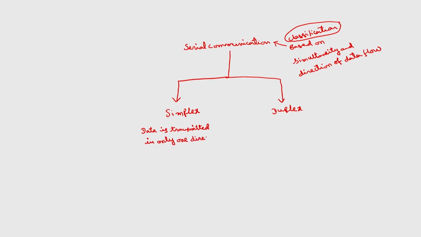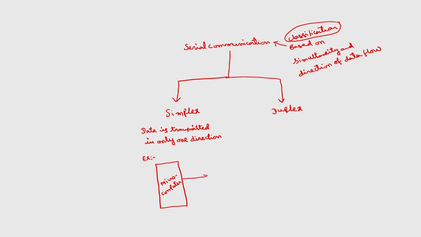So, what is an example of the simplex type of data transfer? The example is from a microcomputer to a printer. All the time I am calling it a microcomputer, meaning the CPU of the microcomputer is a microprocessor, so this is basically a microprocessor based computer.